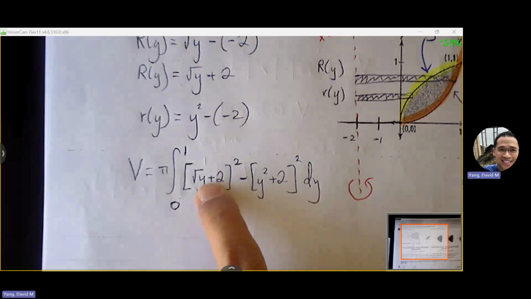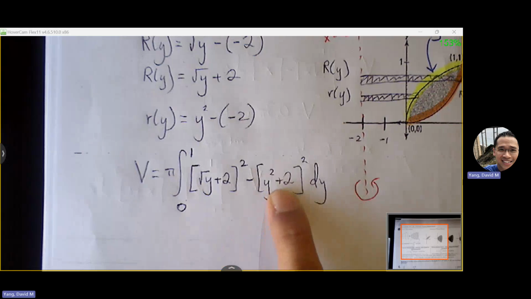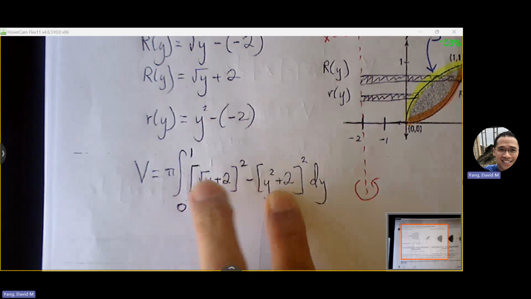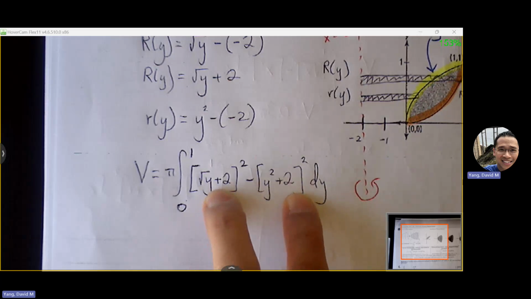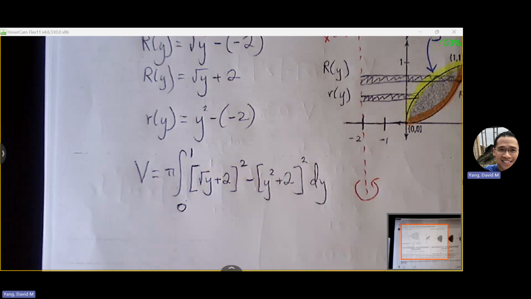I'm going to call the root y plus 2 big R, and the y squared plus 2 my little r. And in your calculator, we're only using what variable? X, just use X. So all you have to do is go to y1 and y2, update your big R and little r, and you can call the same line that you've already created. It should be pretty fast.